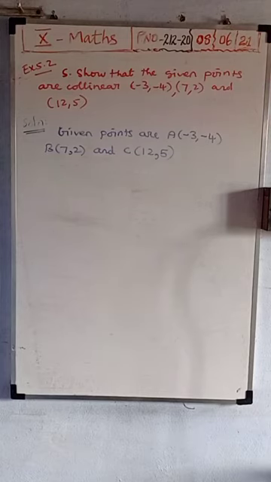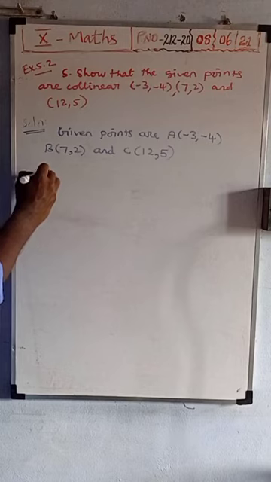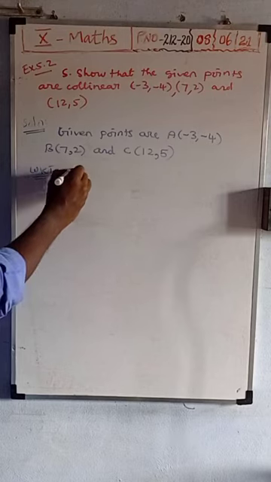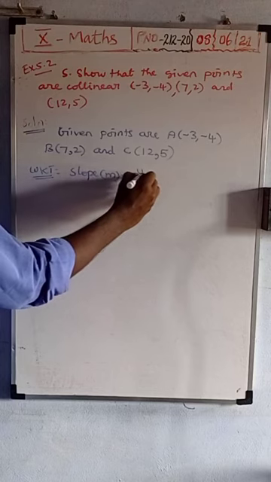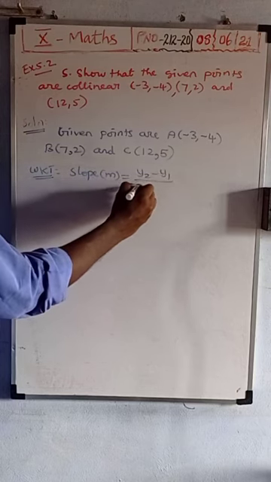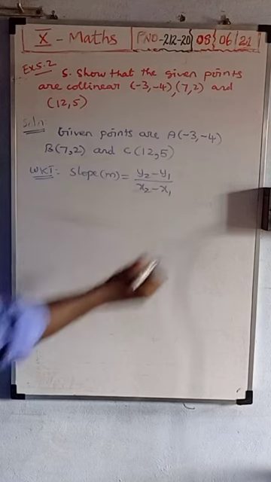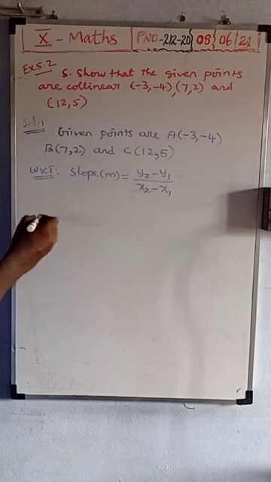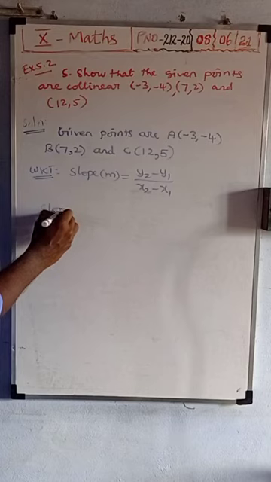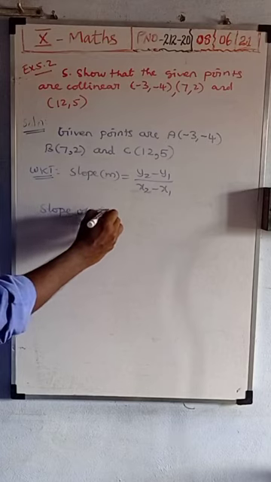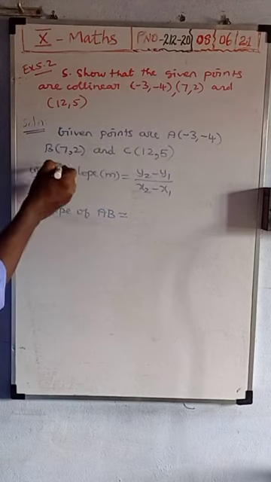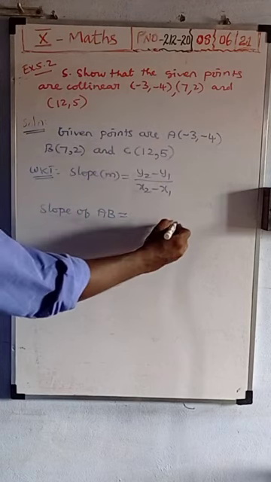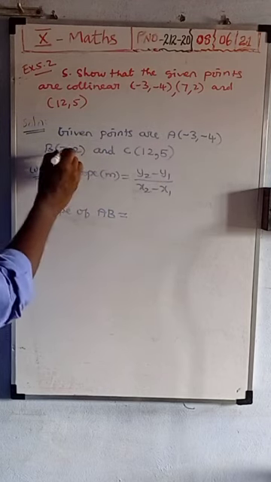We know that when two points are given, slope m is equal to (y2 - y1) / (x2 - x1). We will use this. First, find the slope of AB. A point is (x1, y1), B point is (x2, y2).